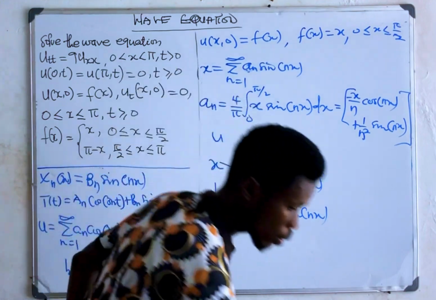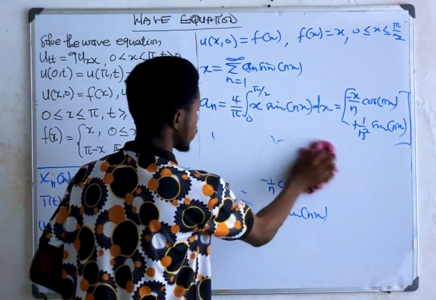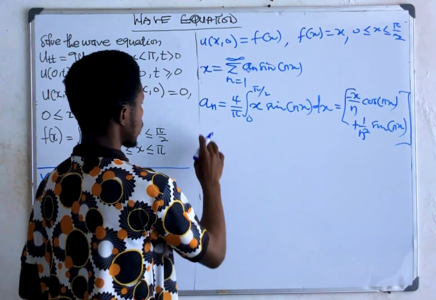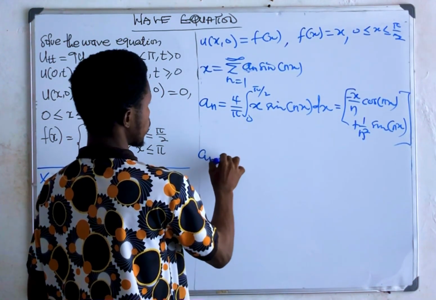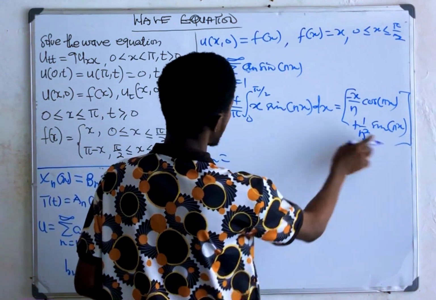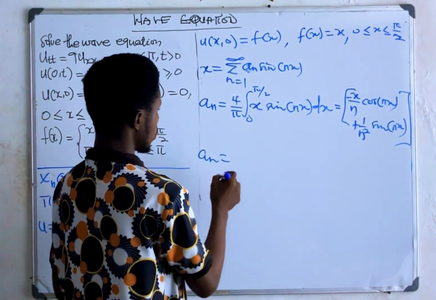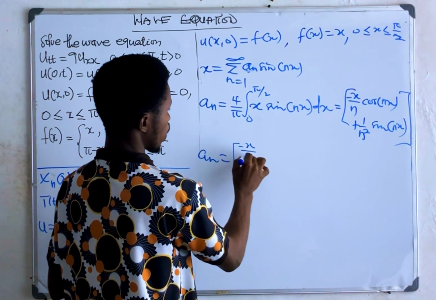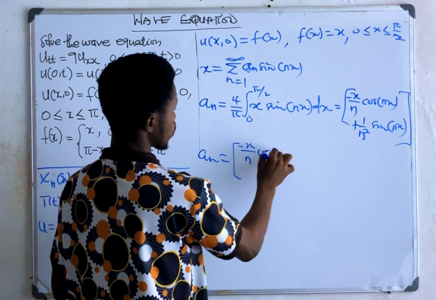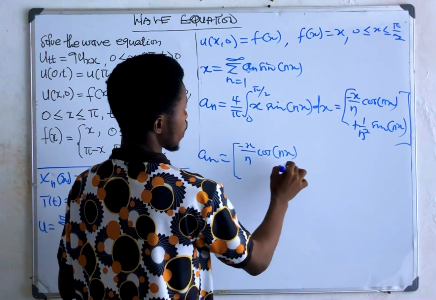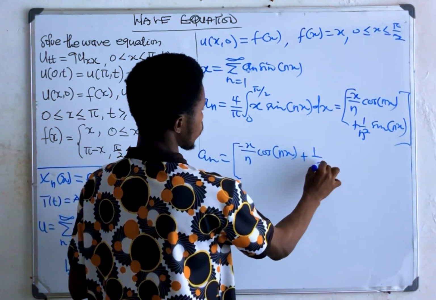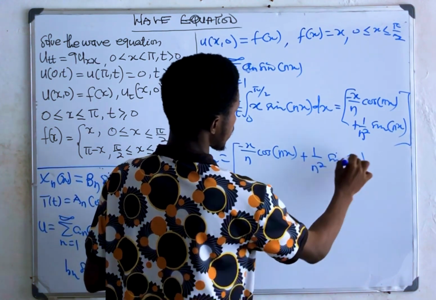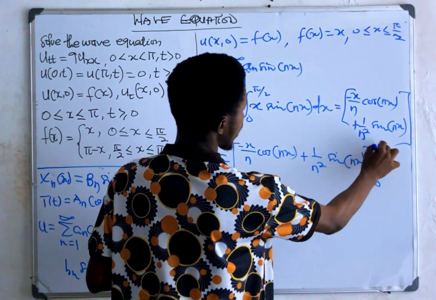Okay, good. Let me clean it. So now my an is equal to this one. The limit is from 0 to pi on 2. Let me write it well. It is negative x over n cos nx plus 1 over n squared sine nx, limit from 0 to pi on 2.